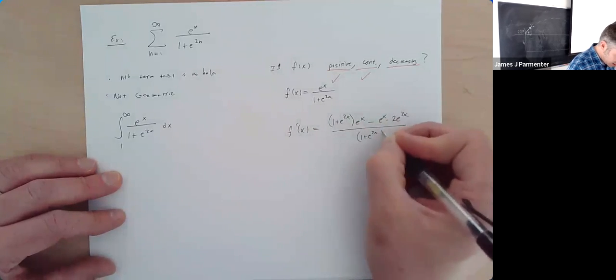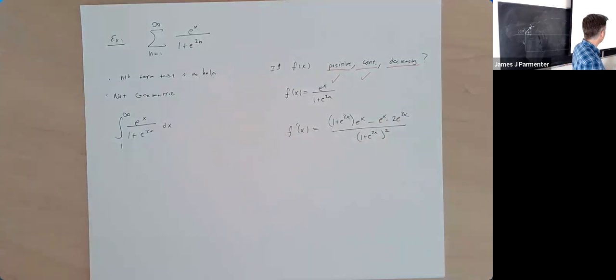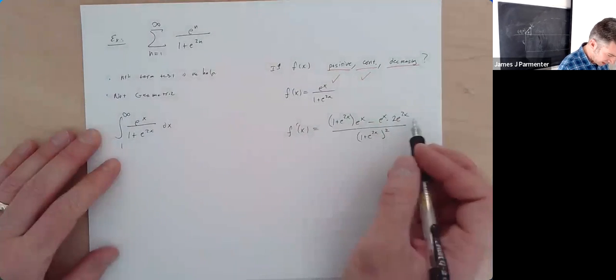The nice thing about using this to check if something is decreasing, if you're trying to see if this is negative, denominator doesn't matter. The denominator always being squared is always going to be positive if you're using the quotient rule. So really, we're just worried about the top here.